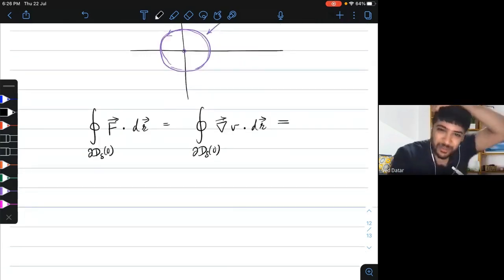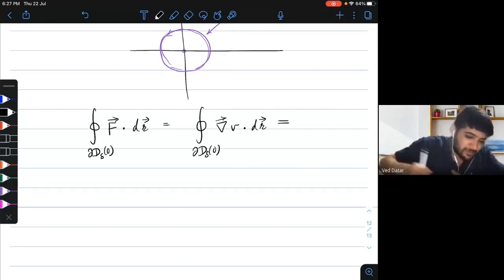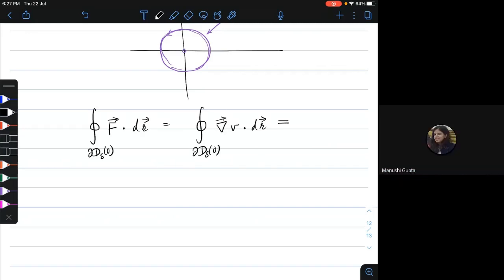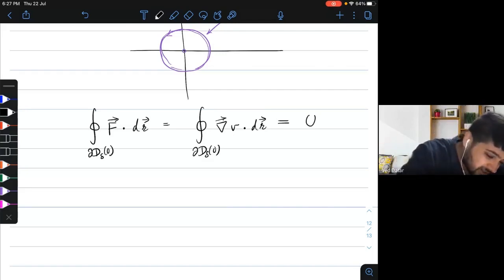In physics you learn that if you have a conservative vector field, which just means a vector field that's the gradient of something, and you go along a closed loop, that should integrate out to 0. The work done of a conservative vector field is 0. So this is 0. And this is just the fundamental theorem of calculus in disguise.